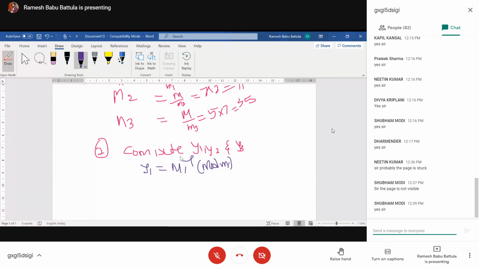Find the multiplicative inverse value for that. How do you find it? You have this value, which is going to be equal to the inverse of 10 mod 7.